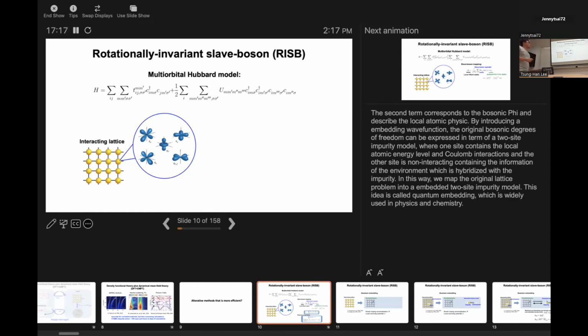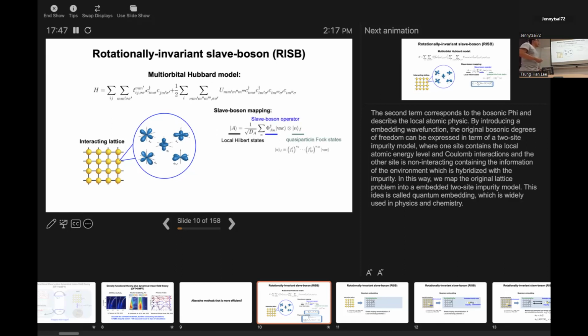To describe this multi-orbital Hubbard model, besides the hopping t and U, we have additional indexes m and m prime that label the orbital degrees of freedom on each site. And we also see that the Coulomb interaction is now a tensor instead of just a scalar.